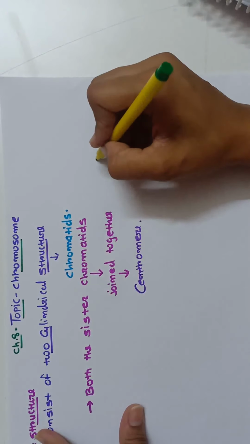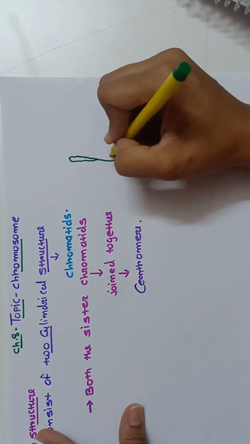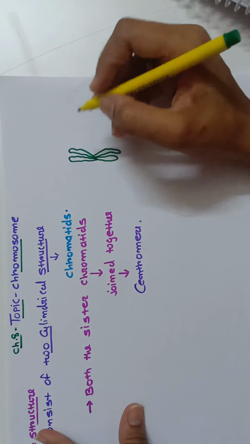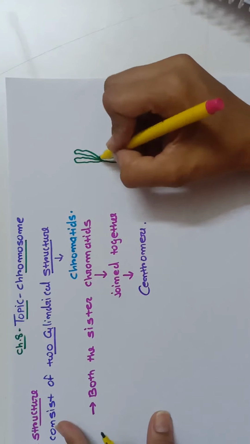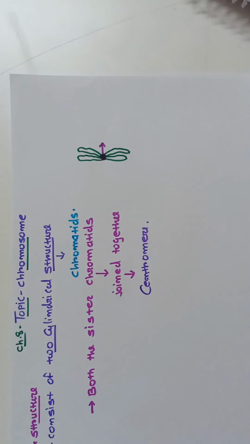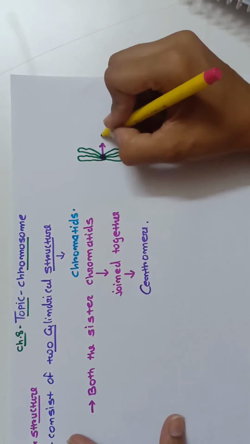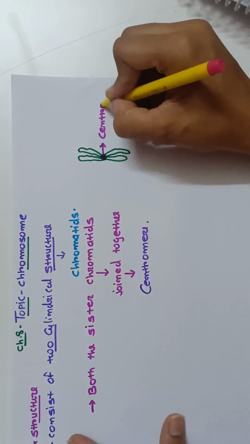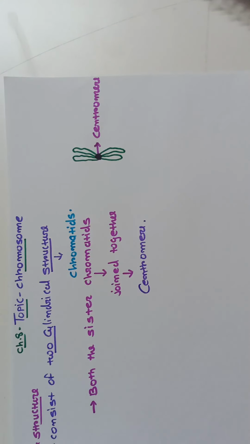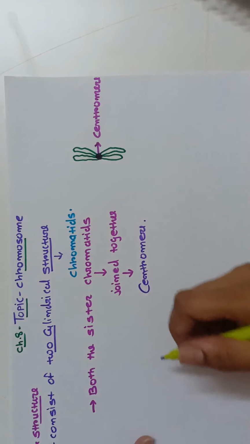Two sister chromatids, this is the first and this is the second sister chromatid, are joined together and this is known as the centromere. Each chromatid consists of a single long thread of DNA with histone protein.